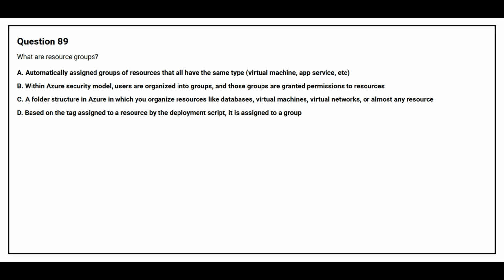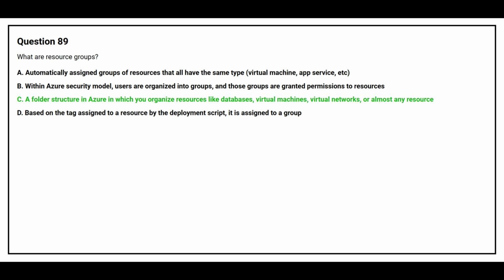Option C, a folder structure in Azure in which you organize resources like databases, virtual machines, virtual network, or almost any resources. Option D, based on the tag assigned to a resource, by the deployment script, it is assigned to a group.